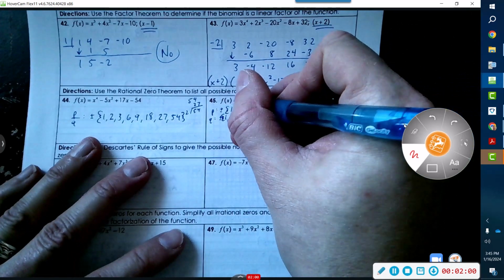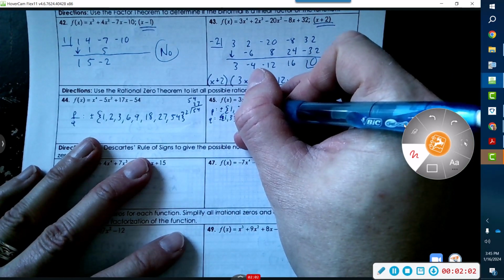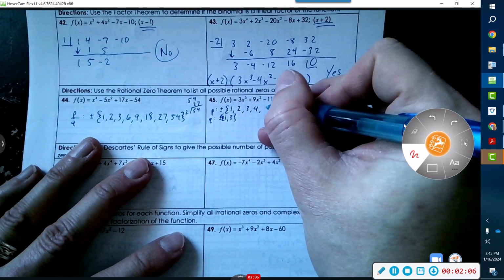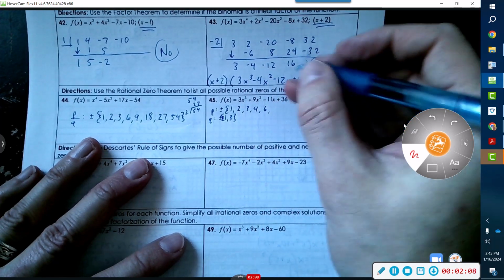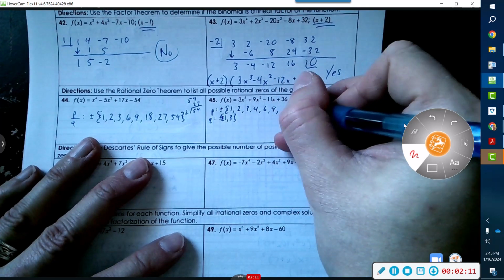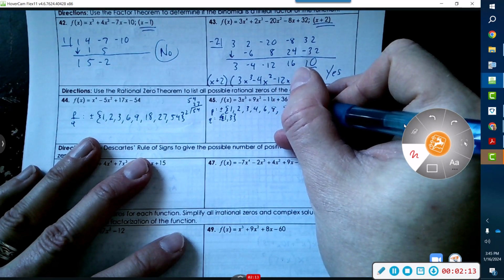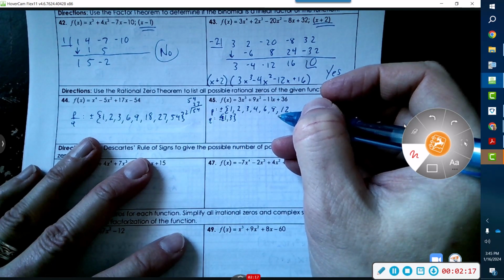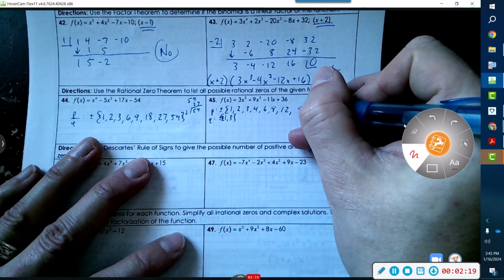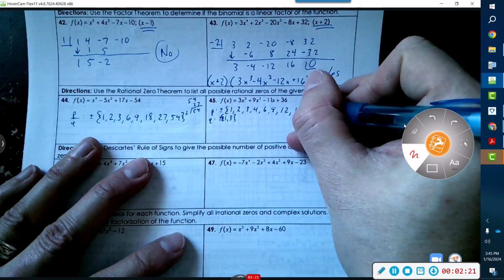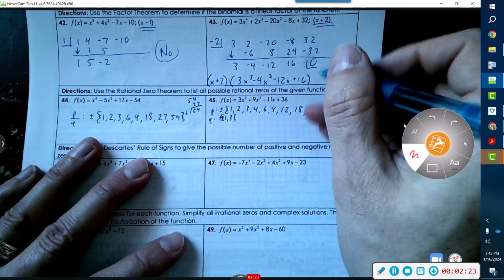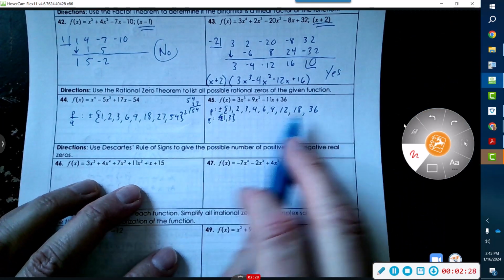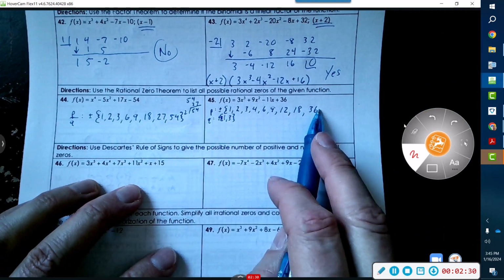So 1, 2, 3, 4, this is 36, and then 6, 8, no, 9, yes, 10, no, 11, 12, 36, so then 4 times, 3 times 18, and then we got 36, and then we got everything. Now these are all the ones that are over 1. So now we got to put all these over 3.